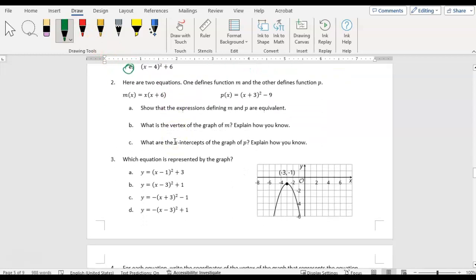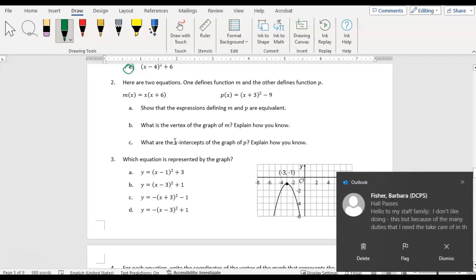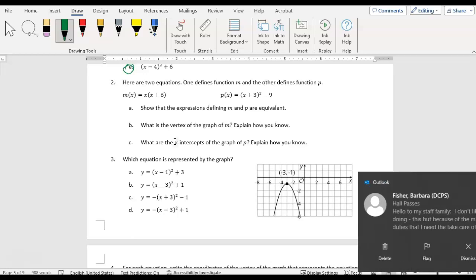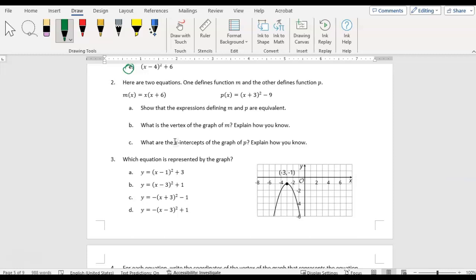Here are two equations. One defines the function m, and the other defines the function p. m of x equals x times (x plus 6), and p of x equals (x plus 3) squared minus 9. Show that the expressions are equivalent. So we're proving that these are equivalent. So this would be x squared plus 6x. Now this one I'm going to rewrite as (x plus 3) times (x plus 3) minus 9.